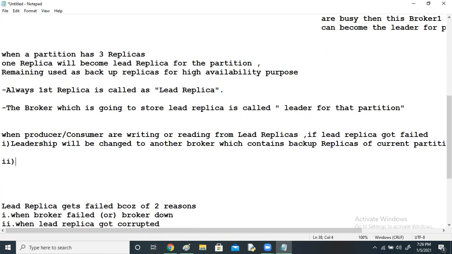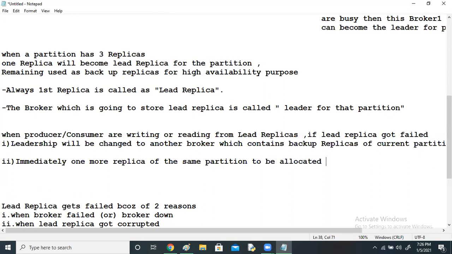And second, immediately one more replica of the same partition is allocated in another available broker.